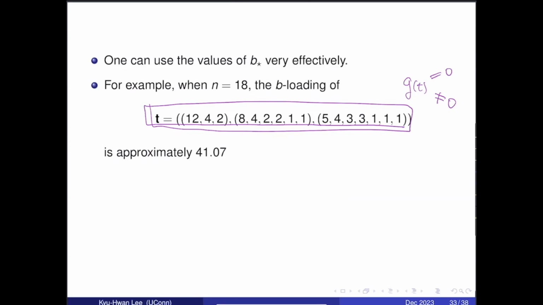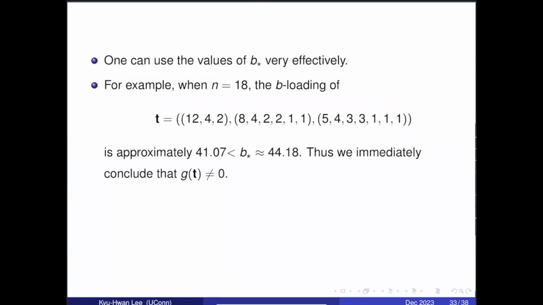But here, because of our analysis of using this B loading, you can compute the B loading of this triple easily, and then you get 41.07. And then if we, once and for all, compute the value of B star, the value is 44.18, about 44.